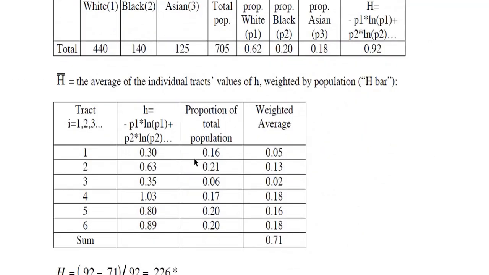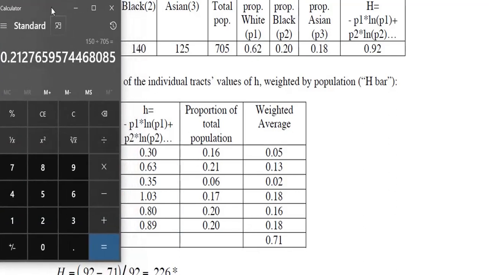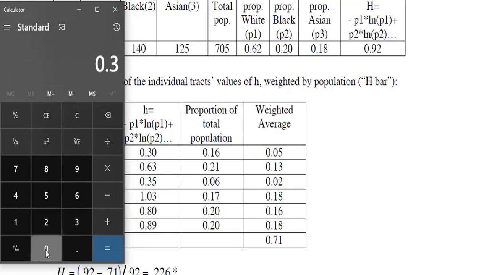Now again I will use the calculator. 0.30 times 0.16, and we will get 0.048 or 0.05.